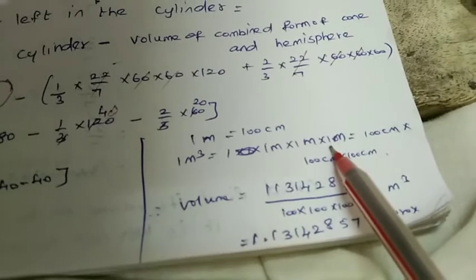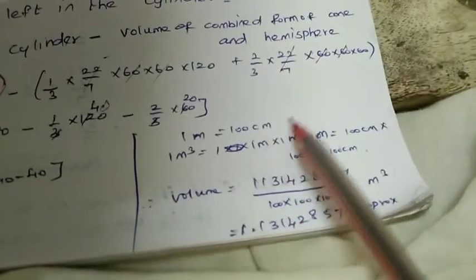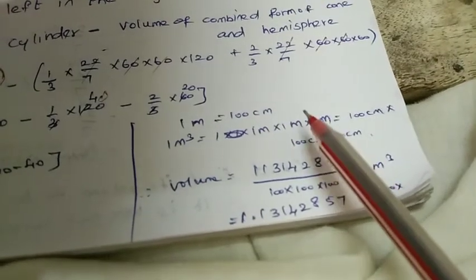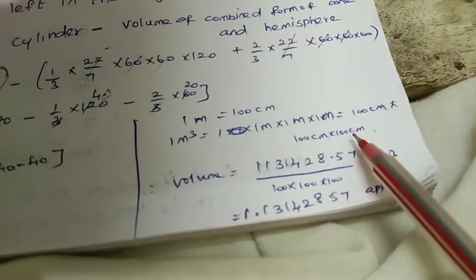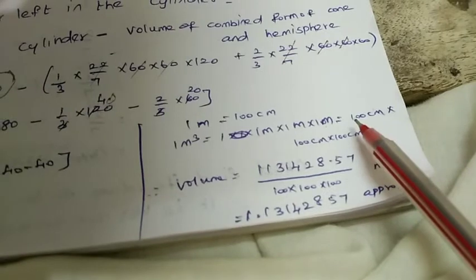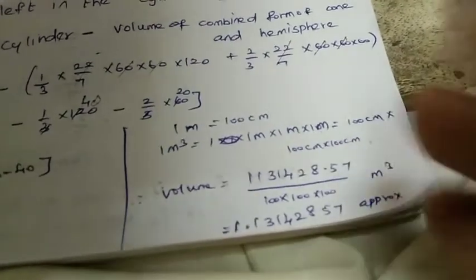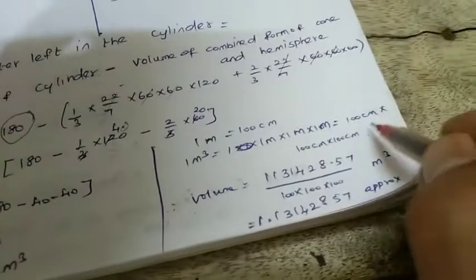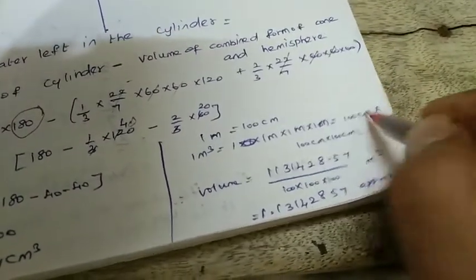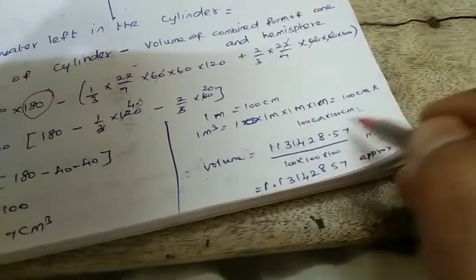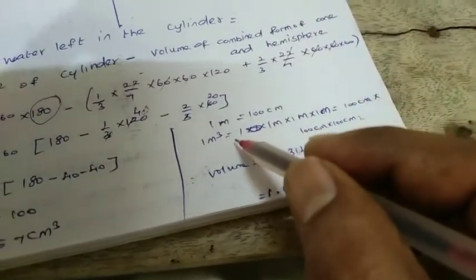For the first 1 meter, 100 centimeter, second 1 meter, 100 centimeter, third 1 meter, 100 centimeter. So that is 100 into 100 into 100 centimeter cube. So this much centimeter cube for 1 meter cube.